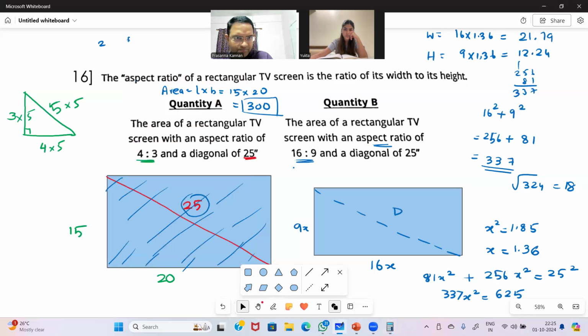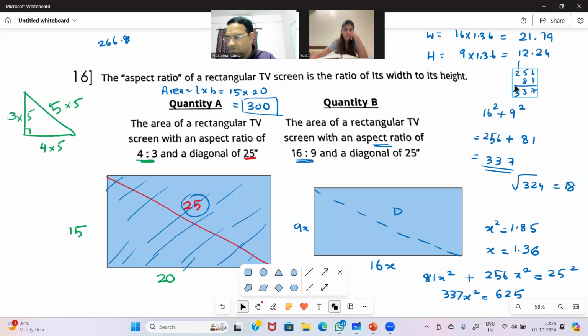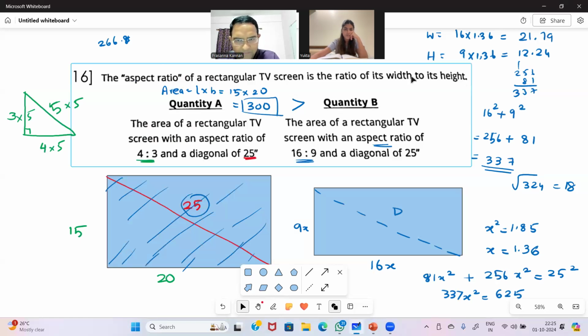Sorry, yeah, 266.71. Okay. Now this number is obviously smaller than the 300, the first one. Yeah. That's all. So quantity A was larger, correct? Was that the answer?